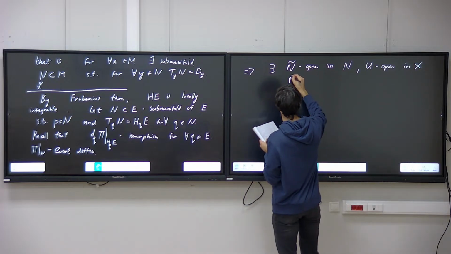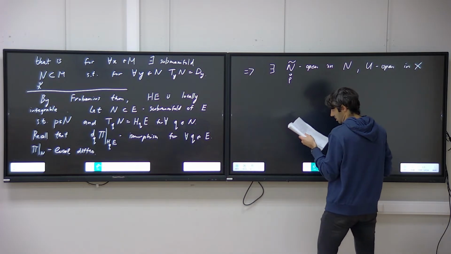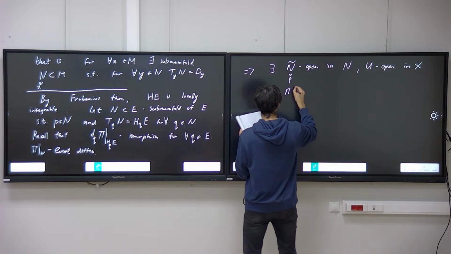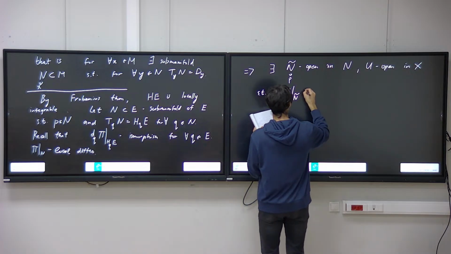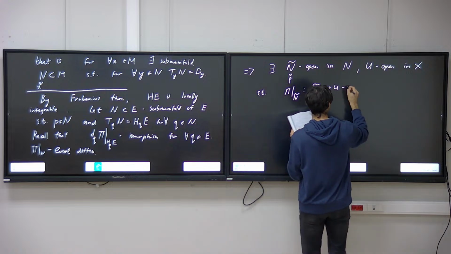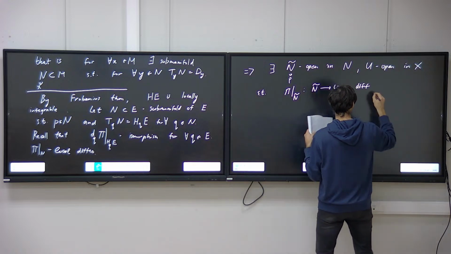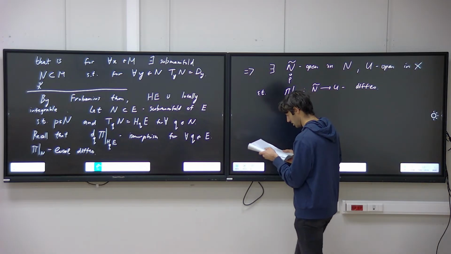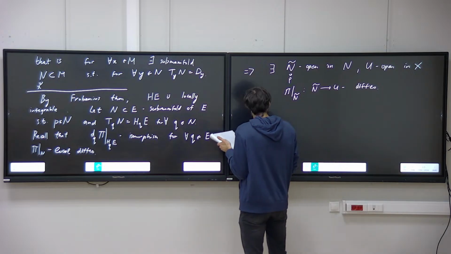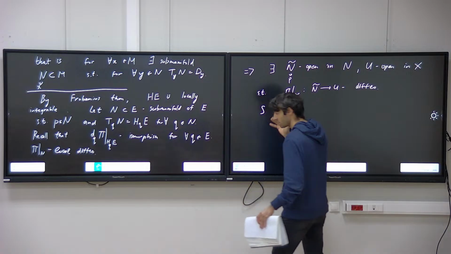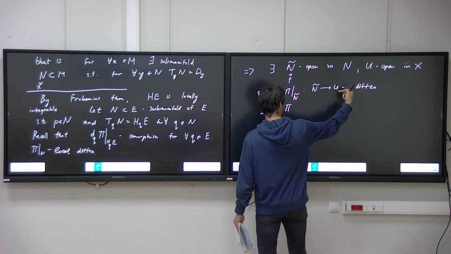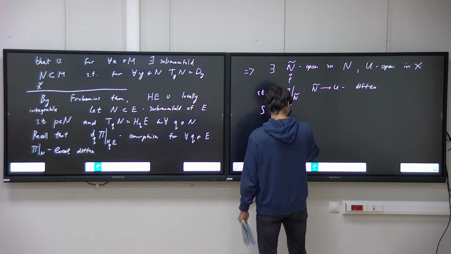Also, I would like my point P to be in here, such that pi restricted to N tilde, from N tilde to U, is a diffeomorphism. So I can consider its inverse. Basically, we are constructing S. The S will be the inverse of this map, going from U to N tilde: pi restricted to N tilde, inverse.